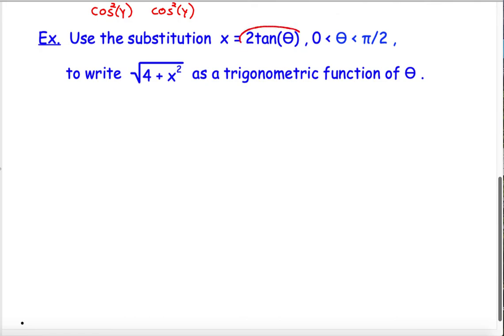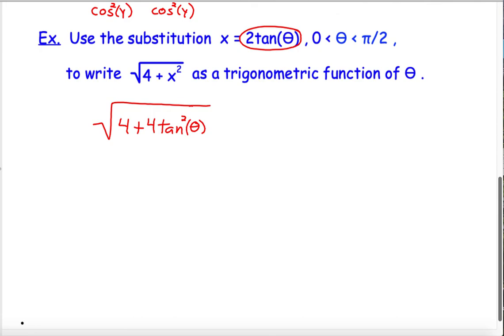So they're telling you substitute in 2 tangent of theta for x to write the expression the square root of 4 plus x squared as a trigonometric function of theta. So I'm going to take that square root of 4 plus x squared, and I'm going to replace x with 2 tangent theta. So when I square it, I'm going to get 4 tangent squared theta.